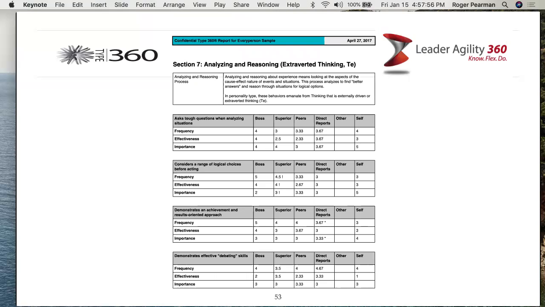Each and every mental function and each and every leader agility competency is laid out. Each item is laid out, all 8 items are laid out the same way, such that you see what the average scores are for frequency, effectiveness, and importance, and how people have experienced that.